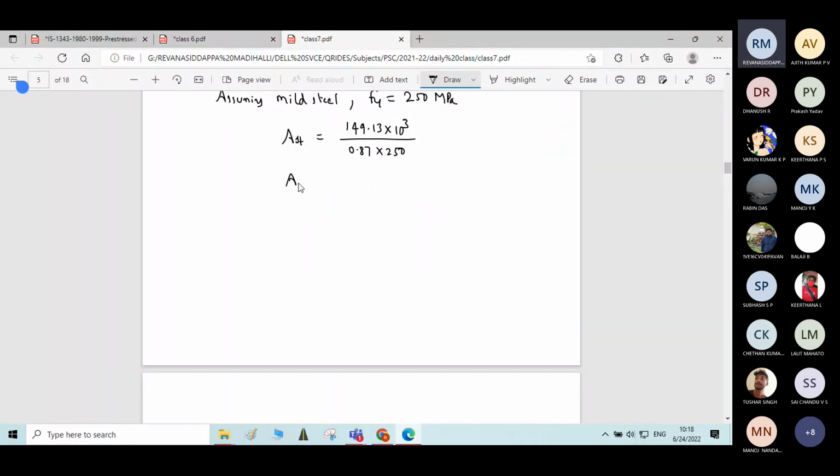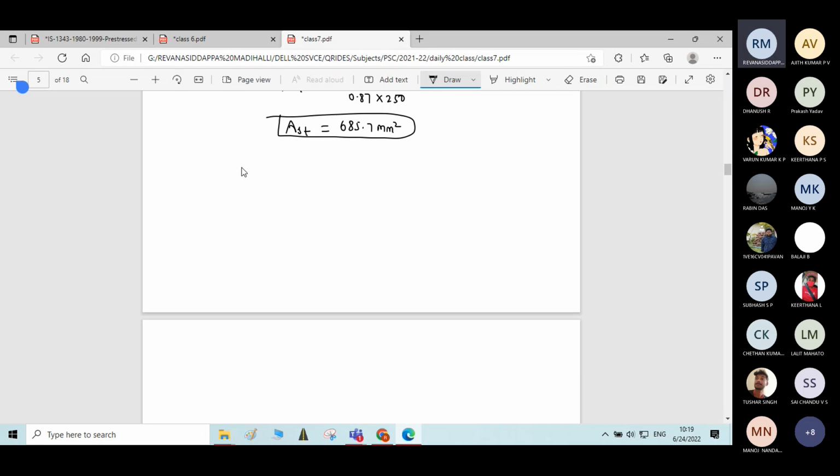By this we get the area of steel as 685.7 mm square. Now you have the total area of steel required for the end block.